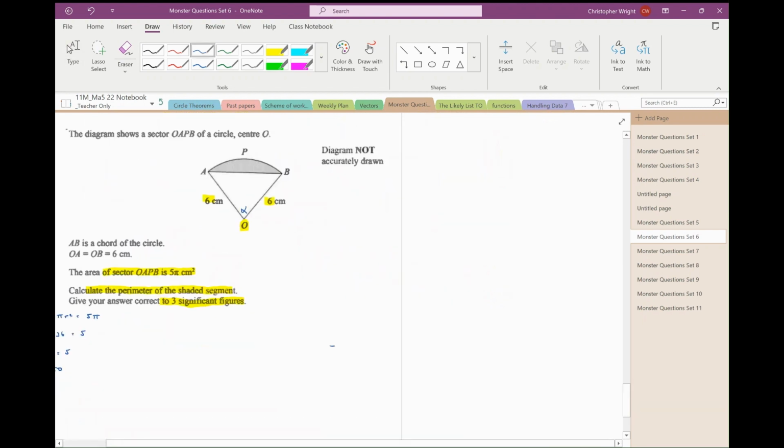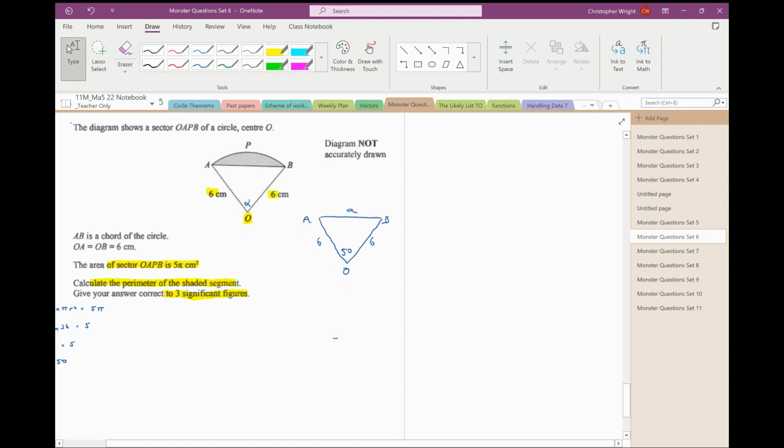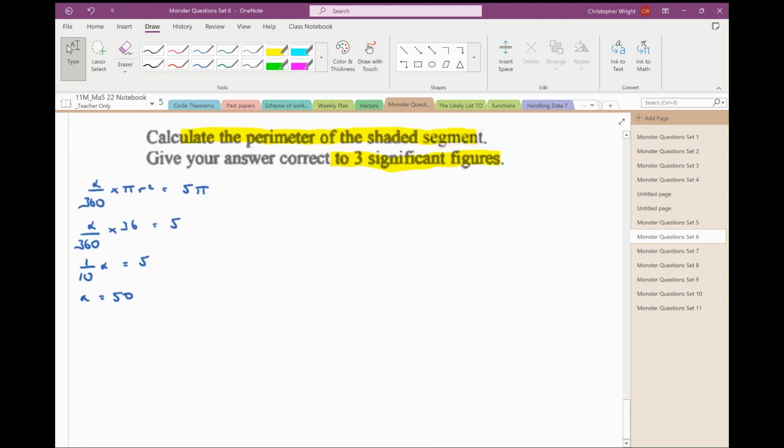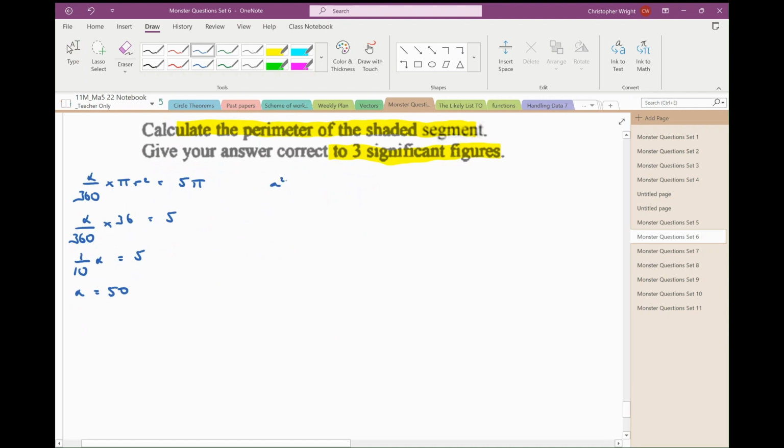Now, let's draw the triangle AOB. That's 50. These two sides are 6. I'm going to call the length AB, which I need to find the perimeter of the shaded section, a. And now I'm going to use the cosine rule to find the length of a. So a squared equals b squared plus c squared minus 2bc cos 50.